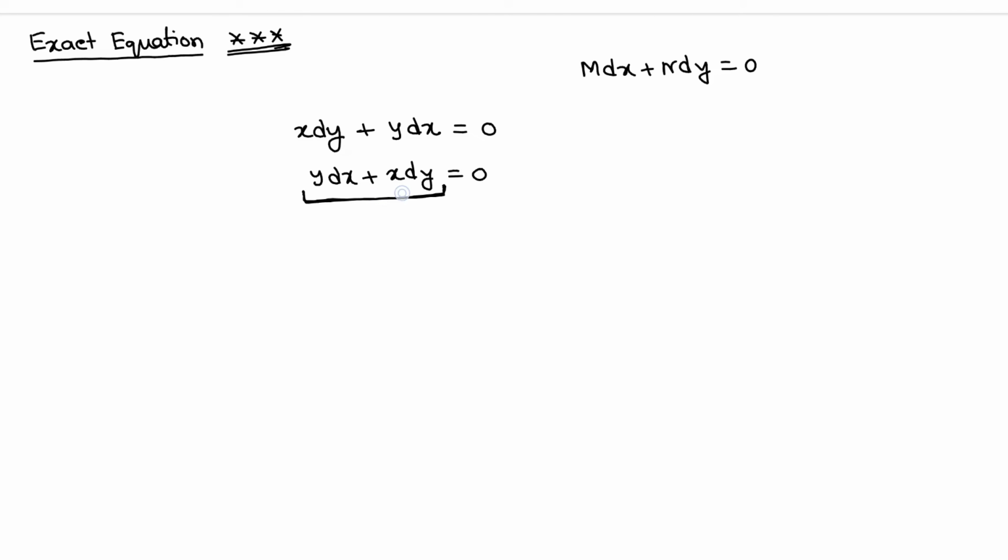y dx plus x dy, this is the expression of the derivative of a function. And what is the function? xy. So we can write this as d of xy equals 0, yes or no?